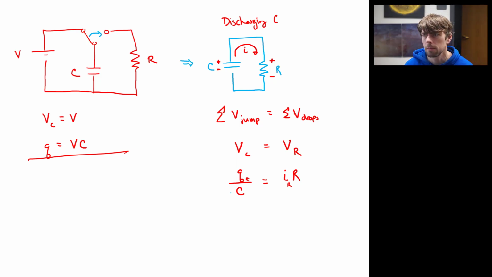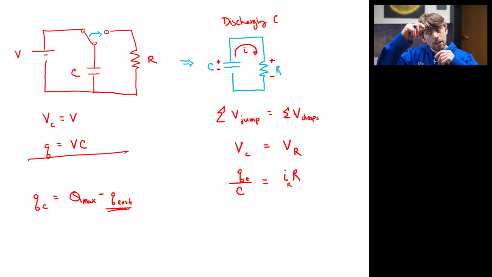We have to be a little bit careful because these two quantities now refer to different things. Let me explain how that is. The total charge on the capacitor, what I've labeled as Q_C, must be equal to the maximum charge, the starting charge that it had, minus some amount of charge that has been lost. And the question is, where did that lost charge go?